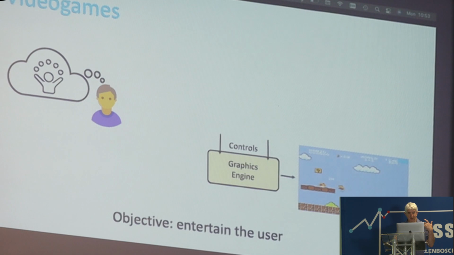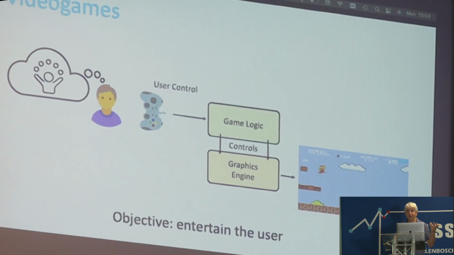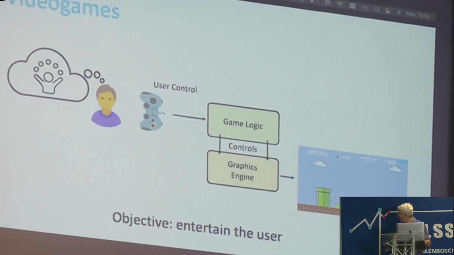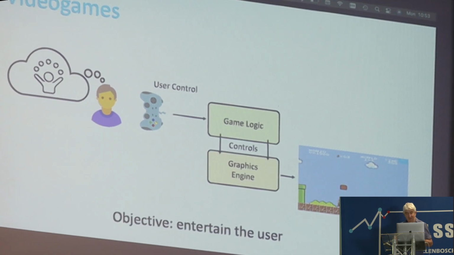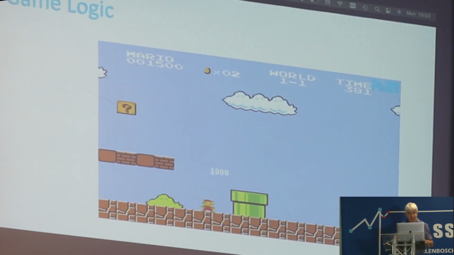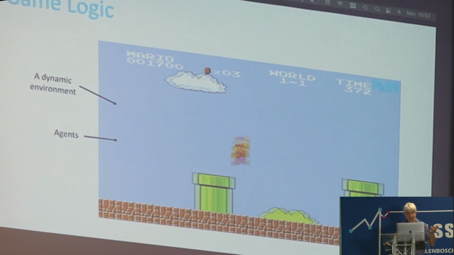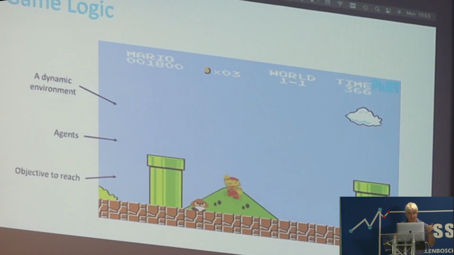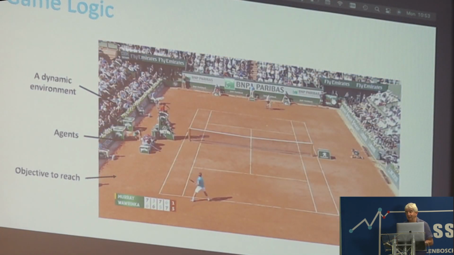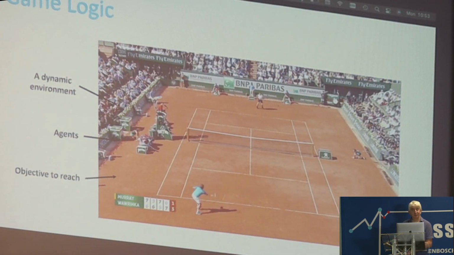So you want to generate some video games in which the user is playing with the game logic and has some control over what's going on in there. This is a Super Mario type of thing. It's very easy. But then you can also go to something more complex. Of course, it's a dynamic environment. You have different agents in the game, and you have an objective to reach. But then in real life, you have this type of game.